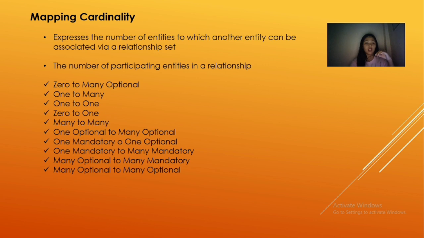The mapping cardinality expresses the number of entities to which another entity can be associated via a relationship set.